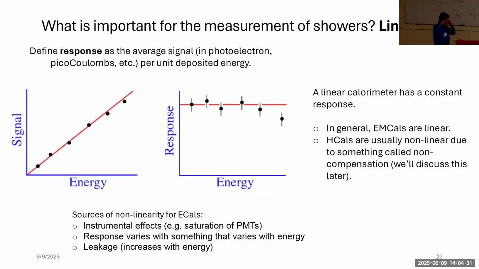Okay, so what's important for actually measuring the shower? There are 2 things. The first thing is linearity. So we want our signal, which is something that we'll measure, to grow with the energy. That could be the number of, say, photons from scintillation.